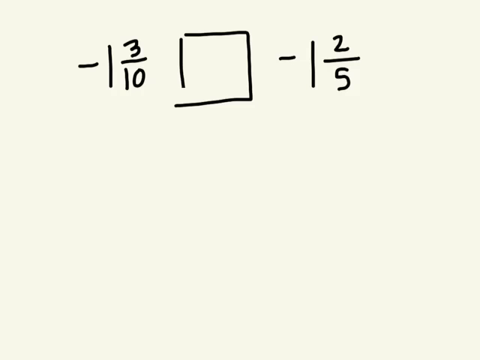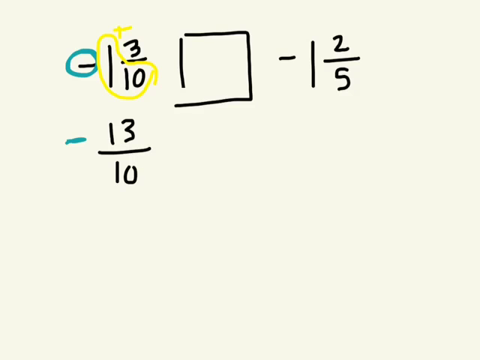One method is to change them into an improper fraction. So what is negative 1 3/10 as an improper fraction? Don't forget that your decimal should be negative, right? This indicates that the number is negative. So we're actually going to do 10 times 1, 10, so positive 10 plus 3 is 13 over 10.